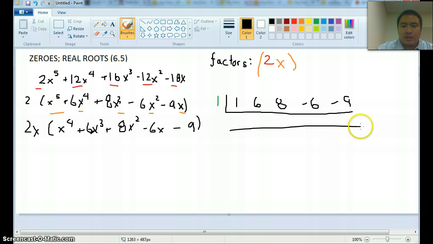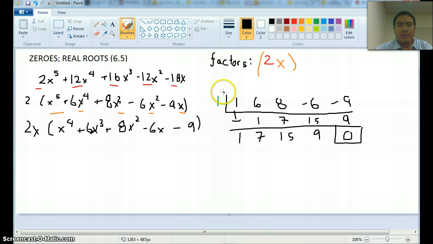That gives me 1, it gives me 7, it gives me 15, it gives me 15 minus 6, that gives me 9, multiply by 1, I get 9, lastly I get 0. So, looks like I got lucky. I picked this, and I ended up actually getting a factor.